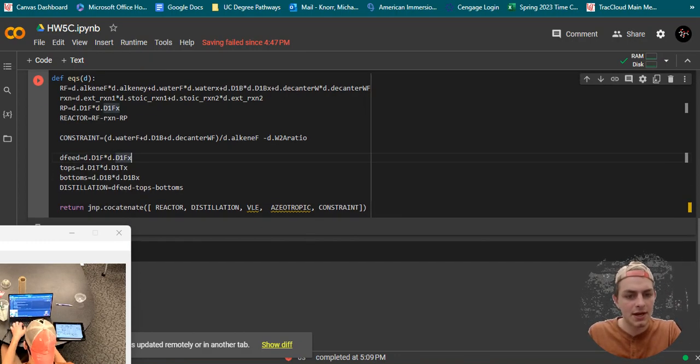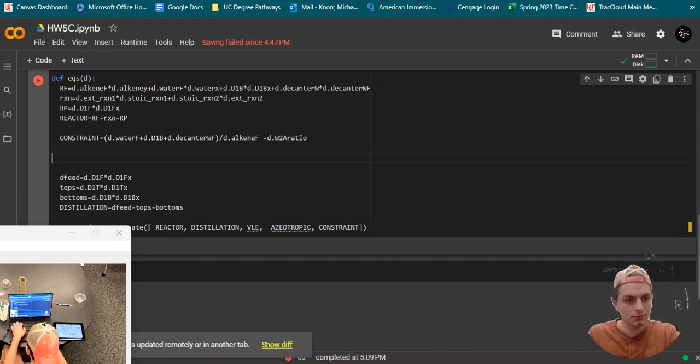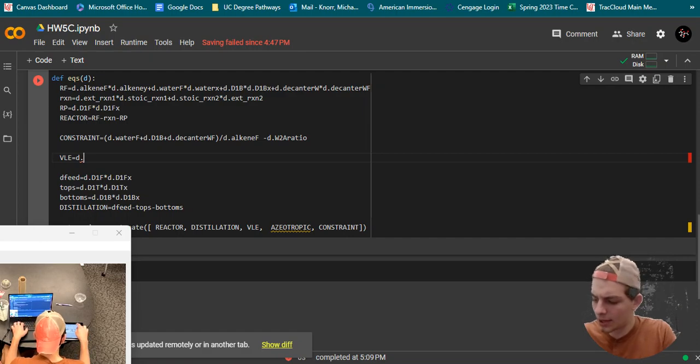Okay, so now we need to define our vapor-liquid equilibrium, which is related directly to that constraint we were given up above. So the vapor-liquid equilibrium is going to be equal to our tops over our bottoms, I believe, right? Mole fractions between the distillate and the bottoms.